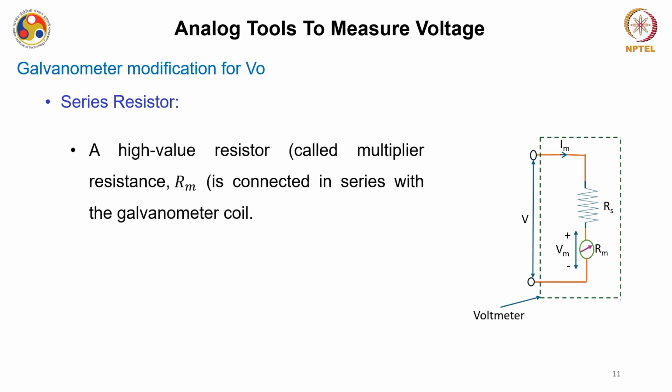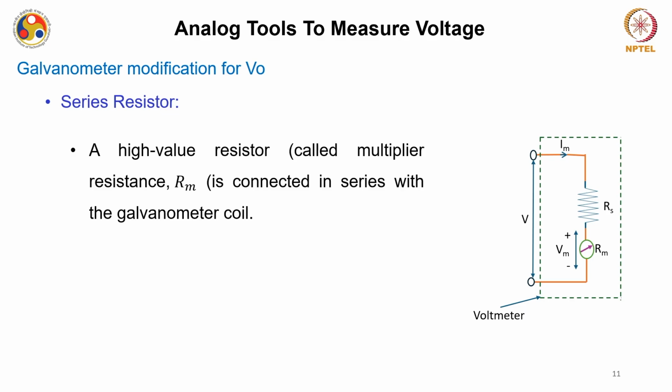This was the basic construction of the voltmeter, or say the voltage measuring tool, okay. This is of course homogeneous across all the instruments that we have seen, particularly the permanent magnet type of instruments, okay. The galvanometer can be modified as I have mentioned.